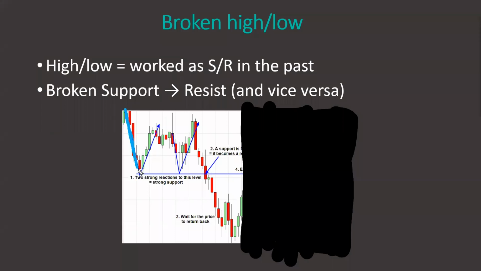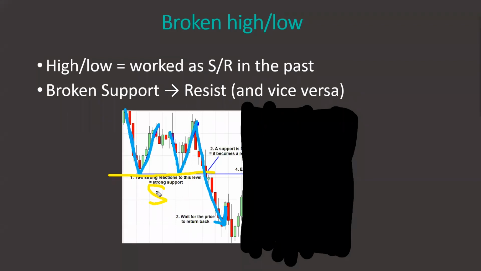In here, the price reacted very strongly to a level, then again to that same level. If you look at the chart and see this, then clearly this was a strong support in the past, right? It was a strong support. So what you want to see is the price to go past that support and start to move below that support.